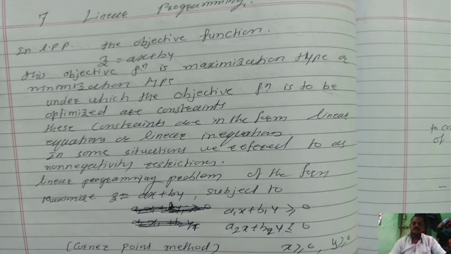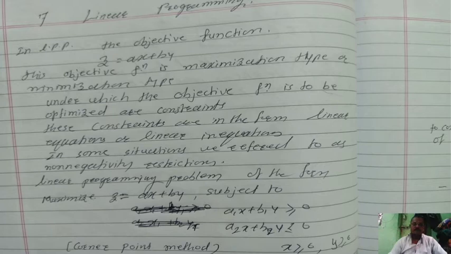Then constraints, to optimize this objective function, and in some solutions we refer to non-negativity restrictions, that is x and y are greater than or equal to 0.